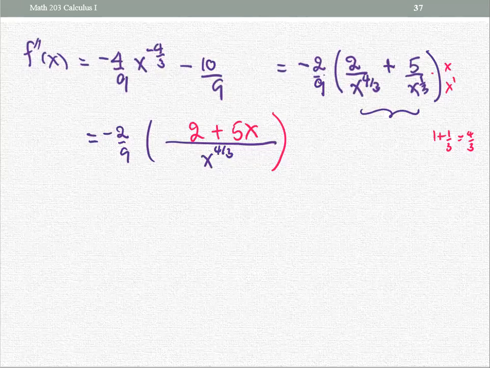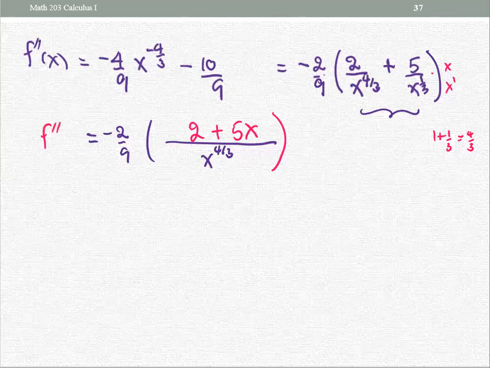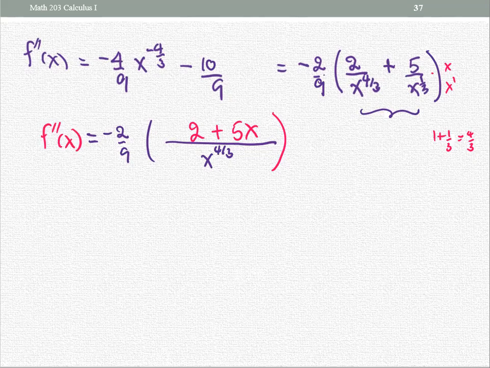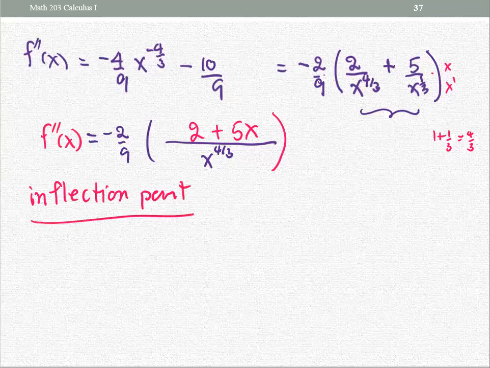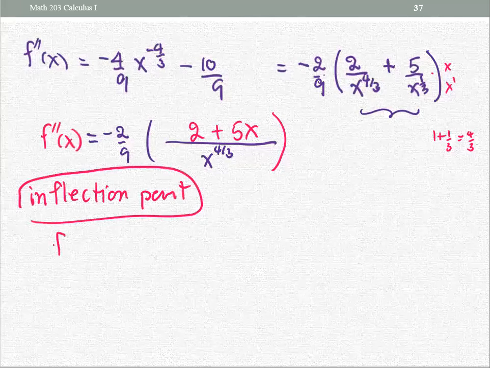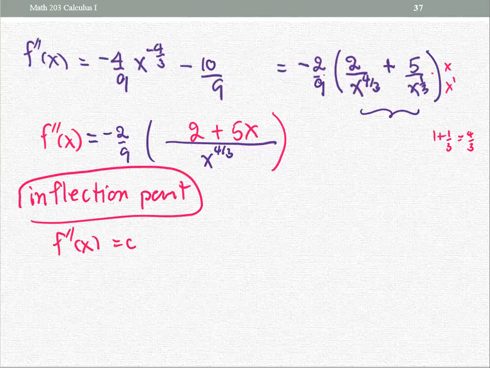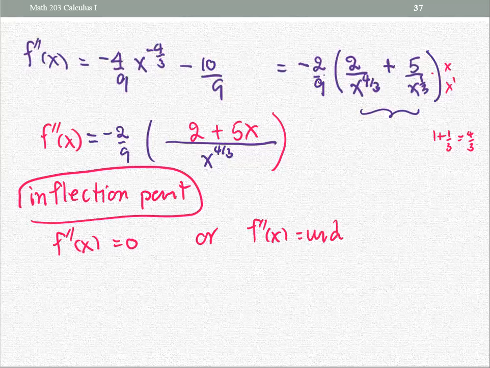Okay, 2 plus 5x. And then f double prime in this fraction form is going to help me find the possible inflection point. Possible inflection point means the case that f double prime equals 0 or f double prime undefined.